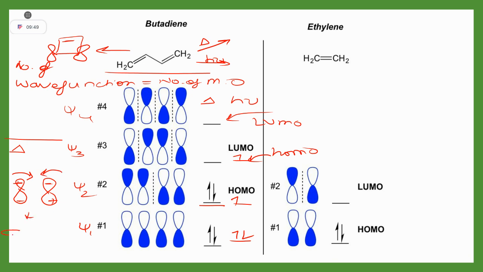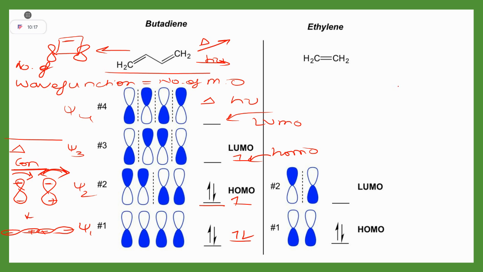After that, they will be like this. Yes or no? Sorry, this bond will also move in this side. Okay, then only negative lobe will come here and positive lobe will constructively overlap with this. So this is your conrotation.